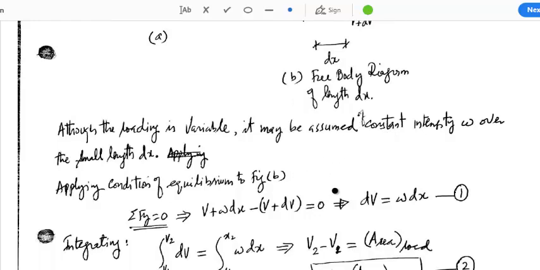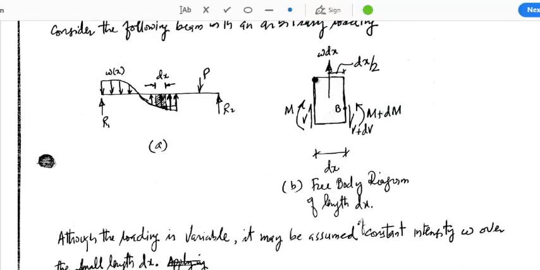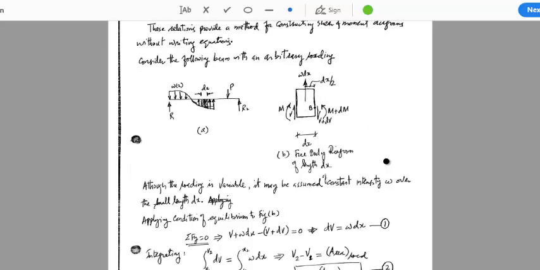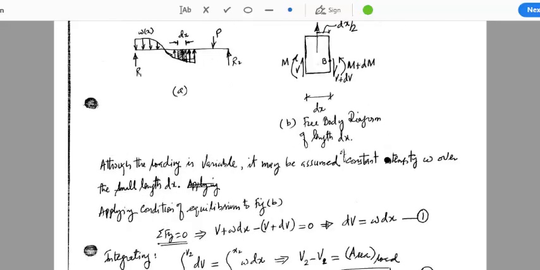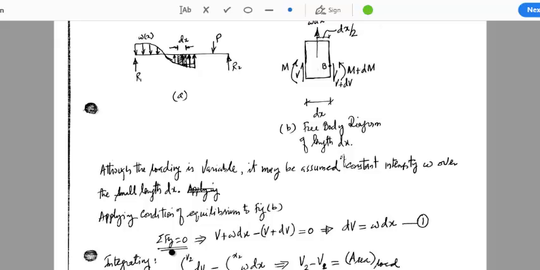So for shear, we know that we always apply sum of vertical forces equal to 0. If we apply sigma Fy equal to 0 in this case, let me zoom out a little bit so that you can see the free body diagram as well as the equation in the same view. How many forces are acting in the vertical direction?